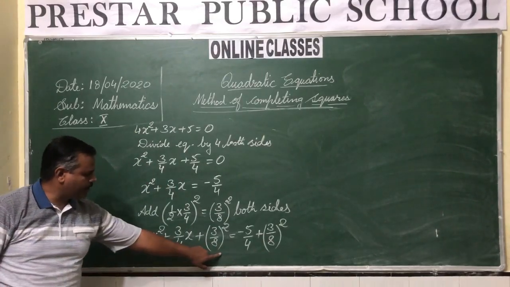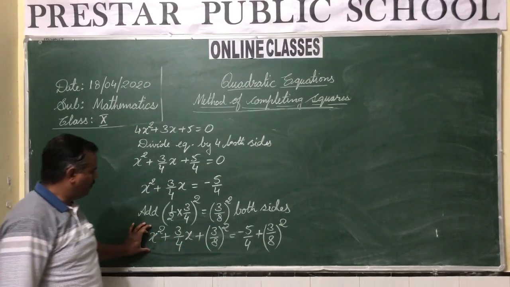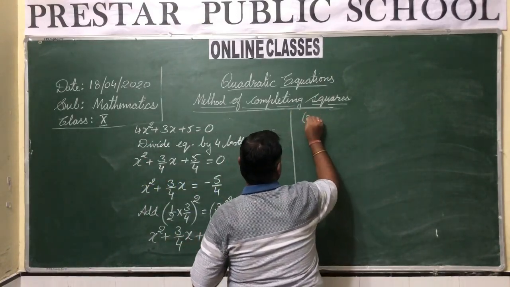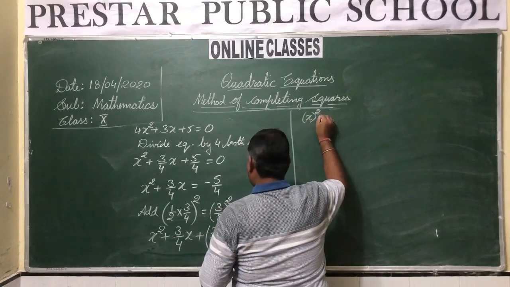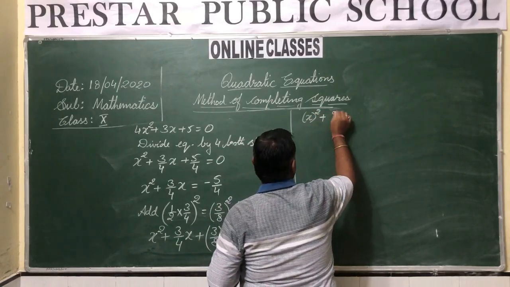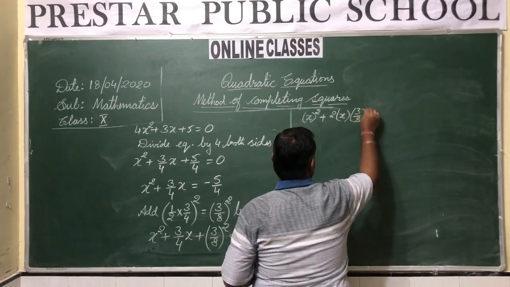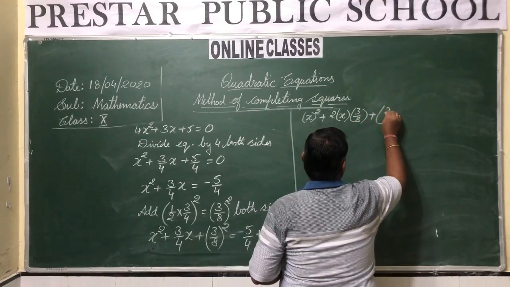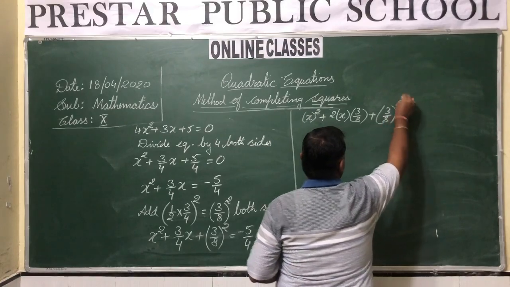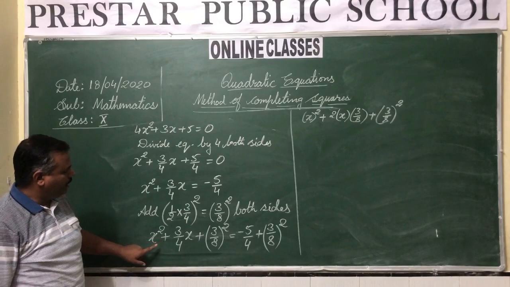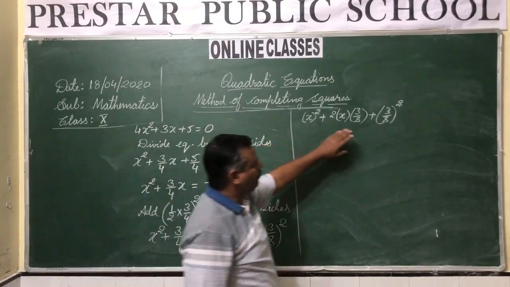Now here on the left hand side, you can rewrite it as the square of x plus 2 multiplied by x multiplied by 3 upon 8 plus 3 upon 8 whole squared. That is, we can write it in the form of a squared plus 2ab plus b squared.